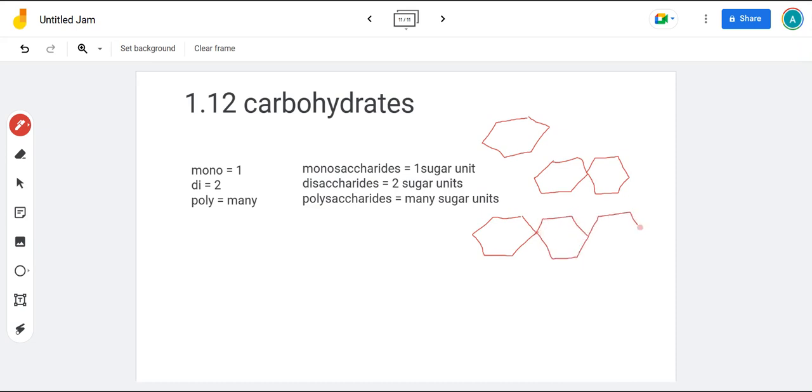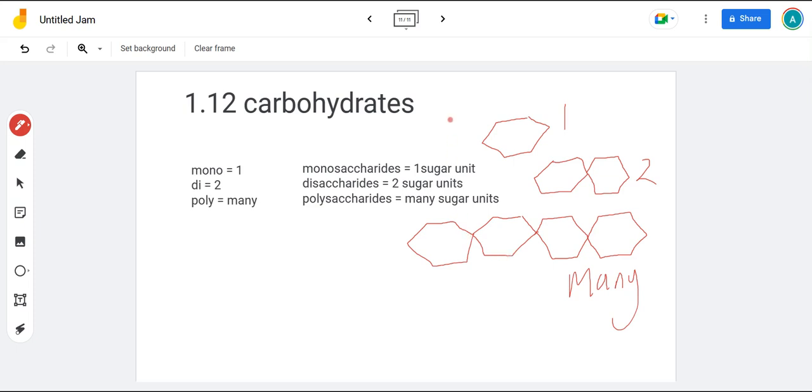We don't draw a lot because it takes us all day, but you get the idea. So one, two, and many. Monosaccharide, disaccharide, polysaccharide. Now, these polysaccharides often aren't just a single chain. They can either be a single chain that's curled up into a helix like a spiral, or they can be branched. So they do vary a little bit.